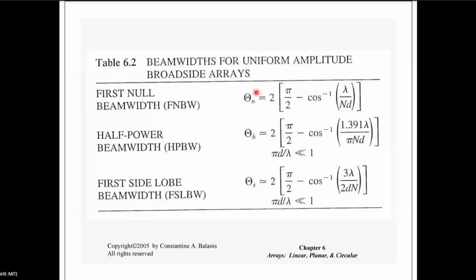Half power beam width: pi by 2 minus the half power angle, into 2. And first side lobe beam width, theta s: pi by 2 minus the direction of the first side lobe, into 2. I hope you understand.